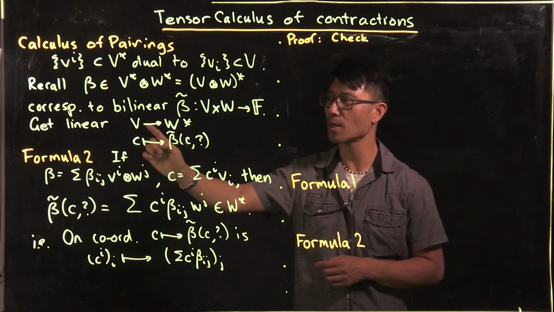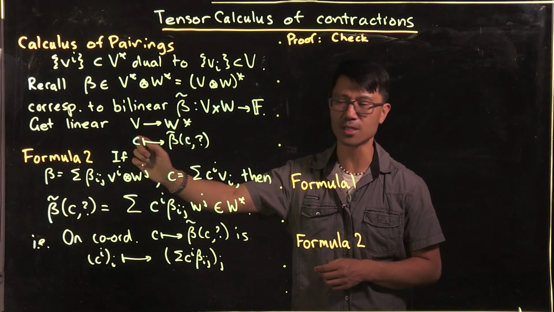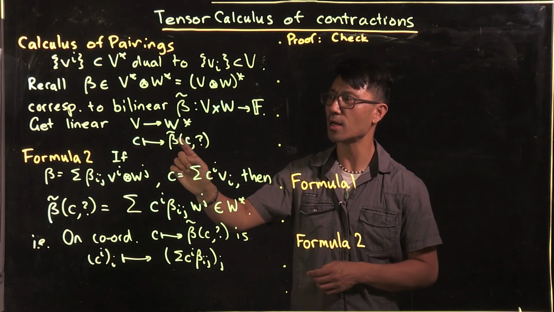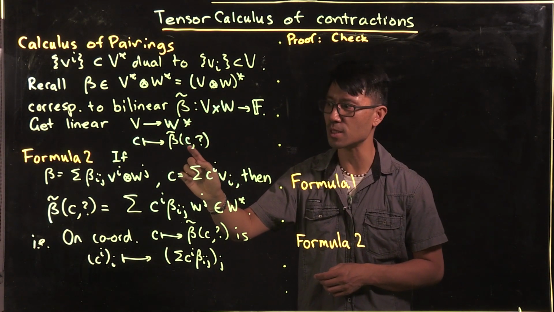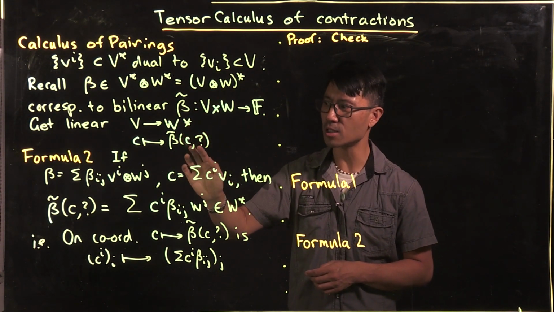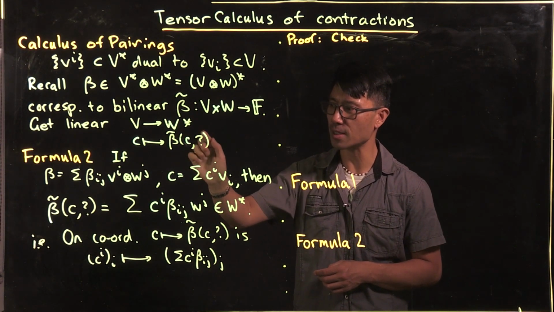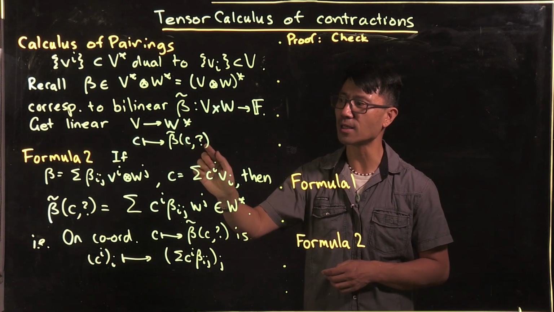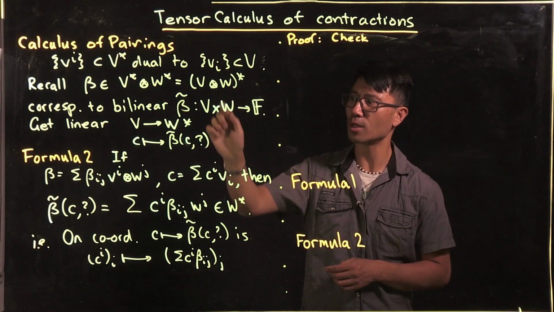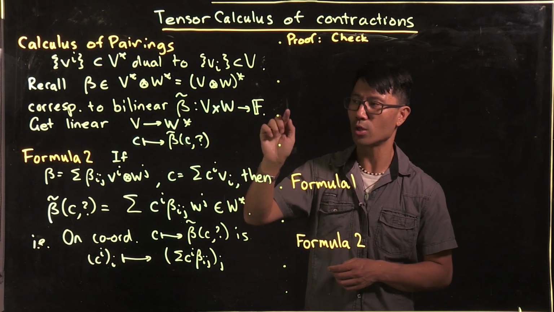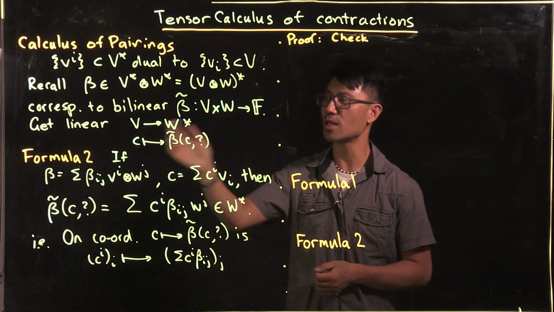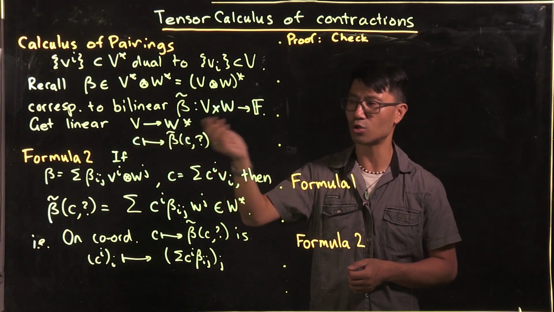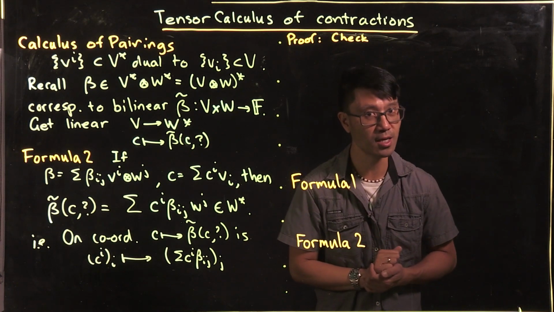How does that work? Suppose you fix some c inside V. Then when you look at beta tilde here, you can fix that first variable to be c, and since bilinearity means it's linear in each of these variables, when you let this blank be any input inside W, you get a function on W whose image is inside F, and that's a linear map. So this is how you get a map from V to W dual, and in fact this map is also linear.